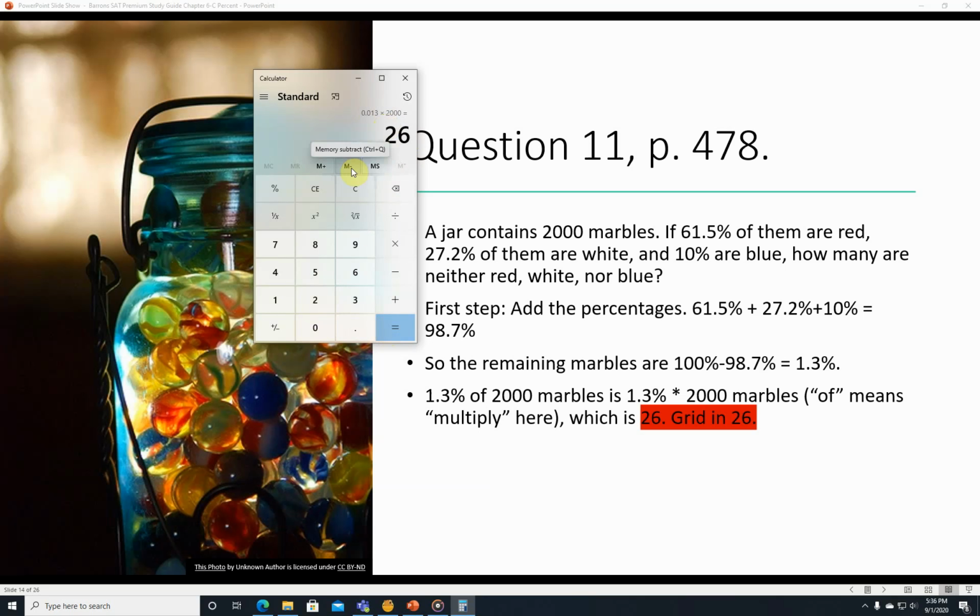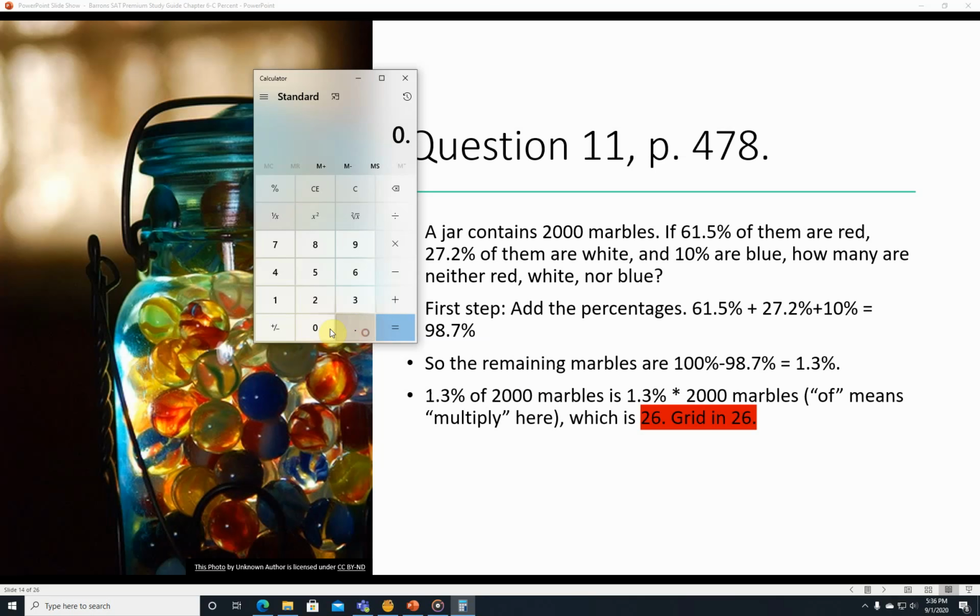Now, this would not be that hard to do if you couldn't do it on the calculator section. You just have to multiply 2,000 times 0.013. Well, wouldn't be that hard, but hopefully it'll be on the calculator section. But you could just know, okay, 13 times 2 is 26. And then you just go, okay, how many places do I have to move?